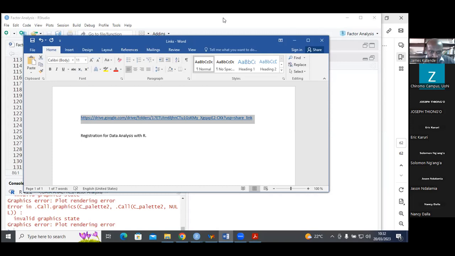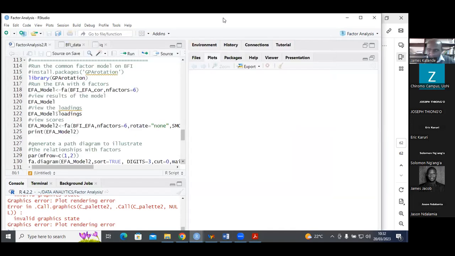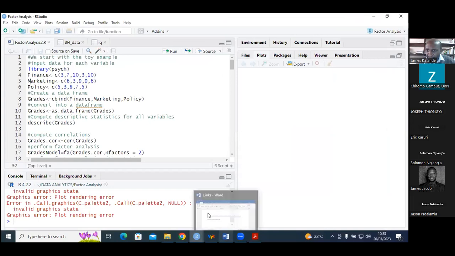That is great. So the first thing we shall do is we redo that small example that we started with. So this first part is just setting up that small example, setting up the different scores in finance, marketing. Your Word document was covering the RStudio page, but it's now okay.